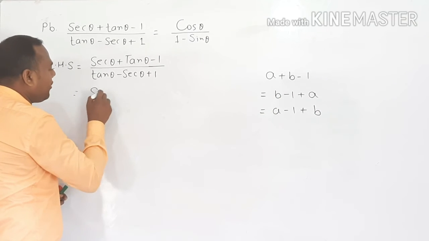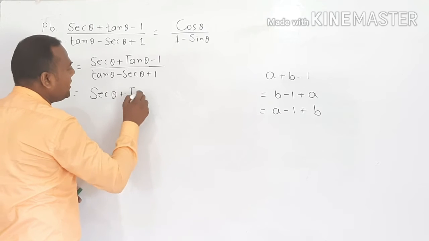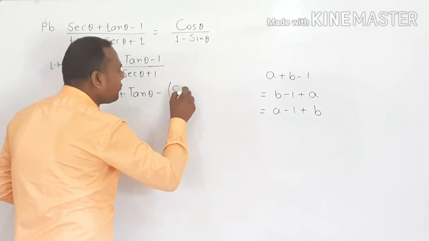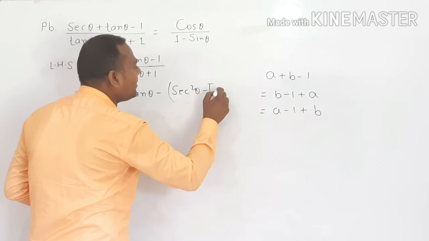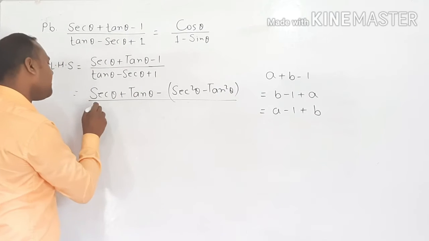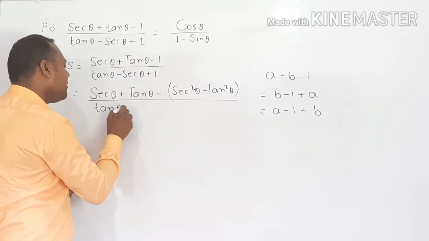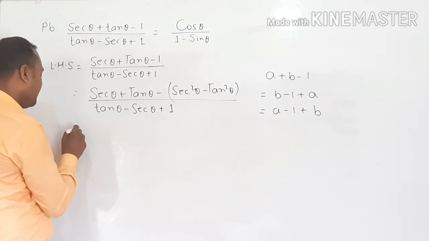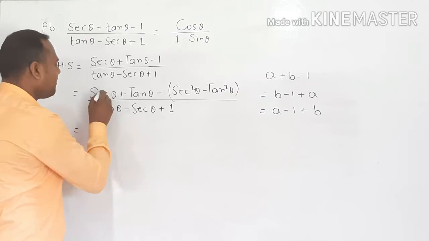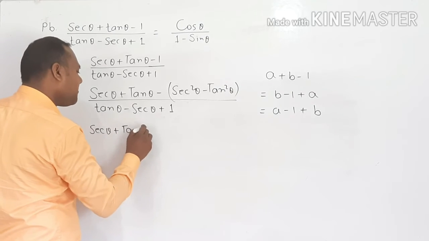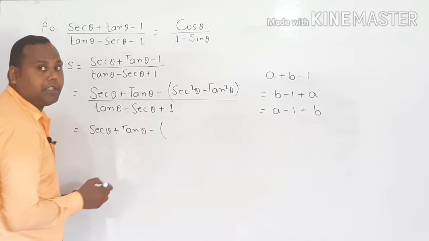this is (sec θ + tan θ − 1), where 1 means sec² θ − tan² θ, divided by tan θ − sec θ + 1. After that, sec θ + tan θ minus the bracket, written in two parts.